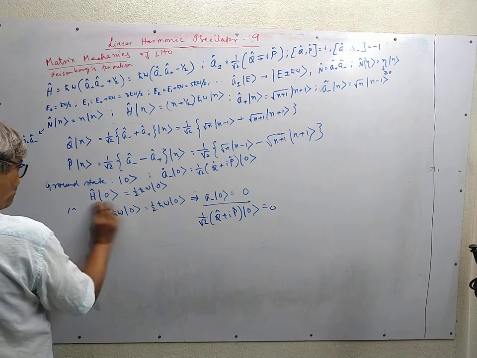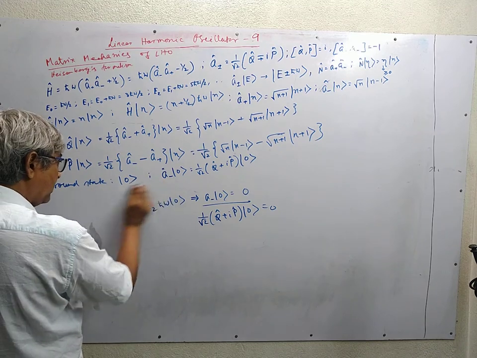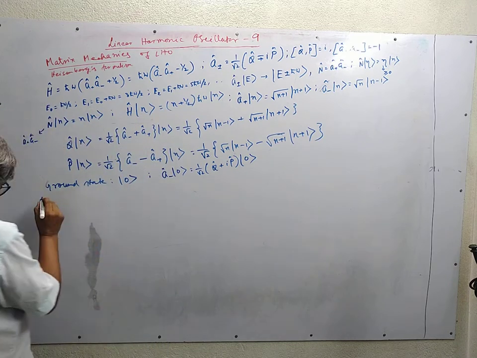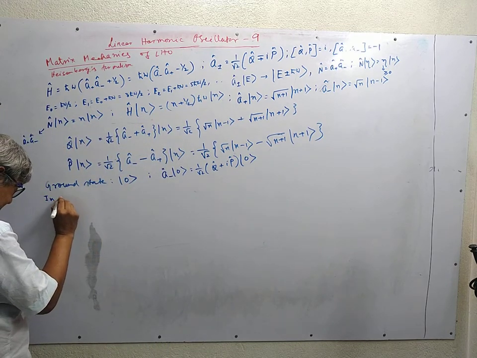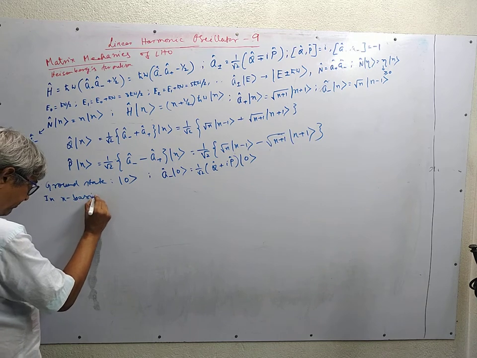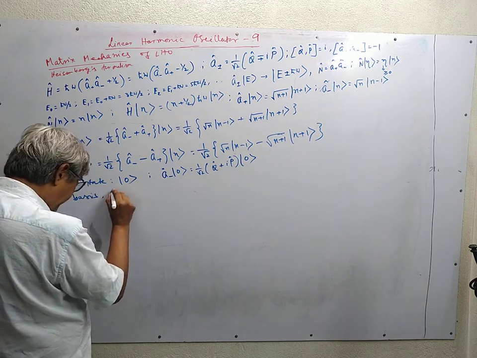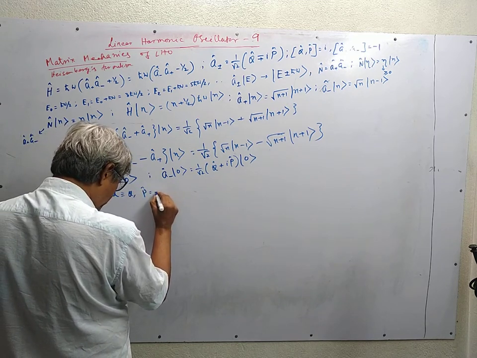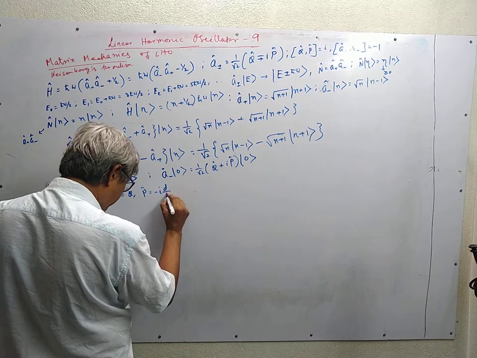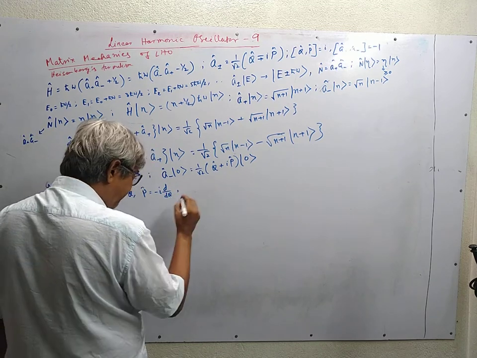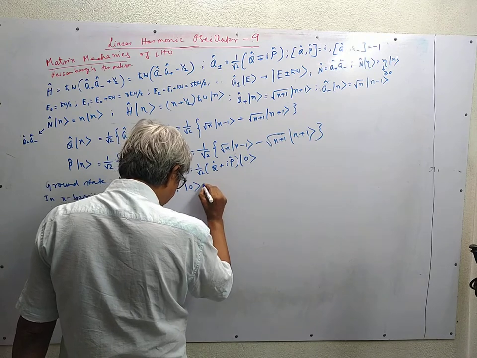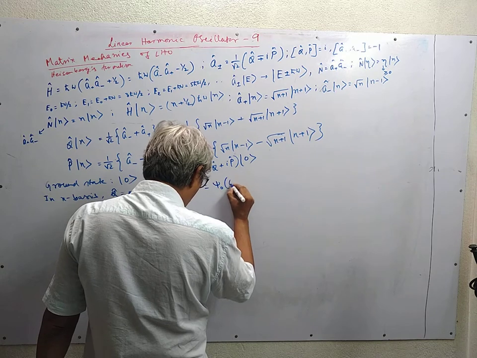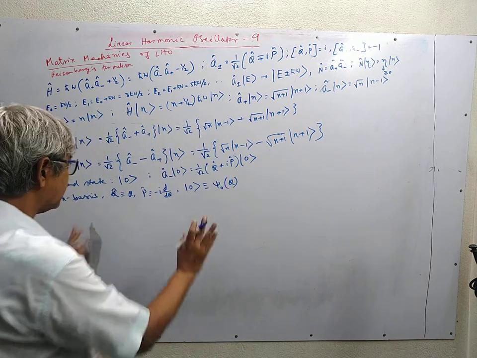Now we want to write the ground state in position basis, in x basis. We have Q operator equal to Q itself, P operator equal to minus i d/dq, and the zero wave function equivalent to psi 0 of Q.